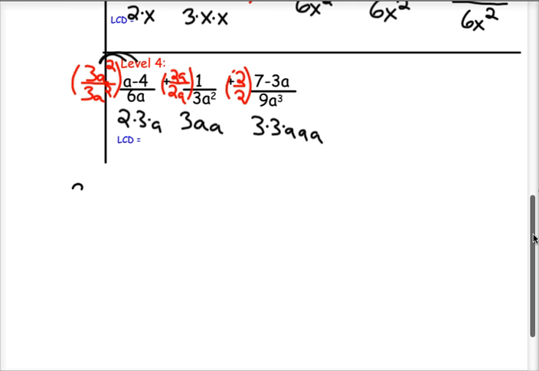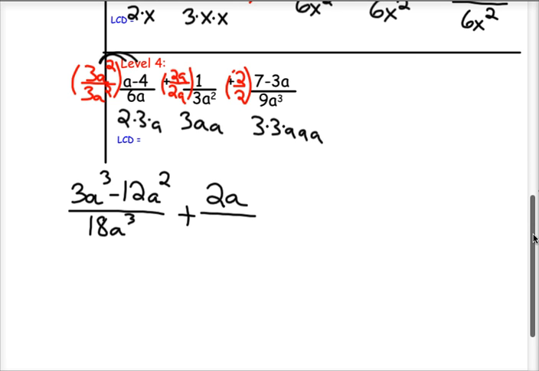So that's going to give me a 3a cubed minus 12a squared. And then the denominator, 6 times 3 is 18. A squared times a is a cubed. Our second one, 2a times 1, is just 2a.